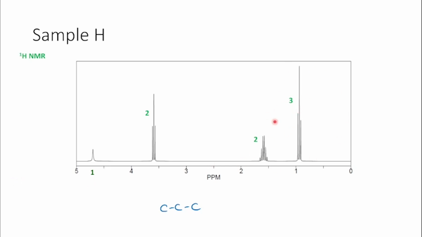I always start at this end of the spectrum, upfield, because the easiest peak to identify is this peak here. That's a triplet with 3 hydrogens making up that signal.